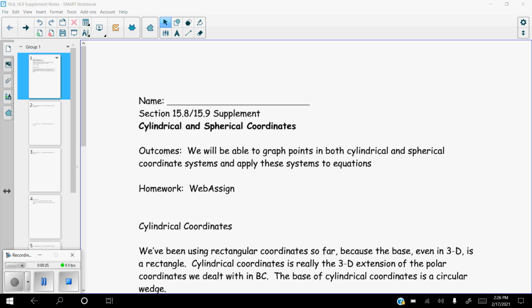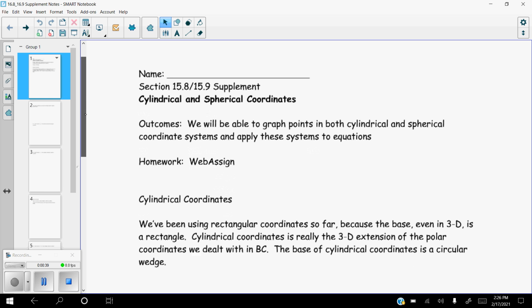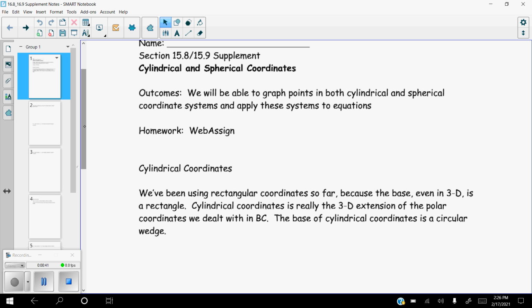We are talking about two new ways of defining coordinates. Specifically, we're going to go through what are called cylindrical coordinates and spherical coordinates. We've done this kind of thing in 2 dimensions before.